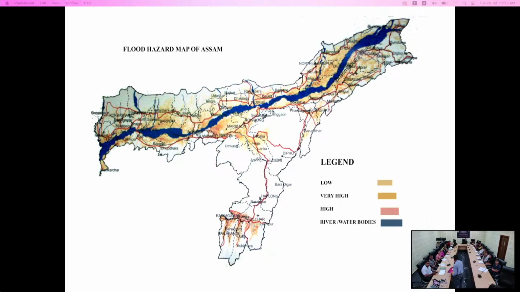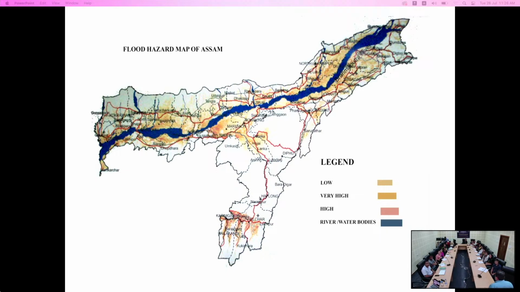It is good, but now think about the very high is less than dark brown, isn't it? Which are the dark brown areas? You see, which are mostly located on the bank of the river Brahmaputra, right? And some other areas also, Barak.